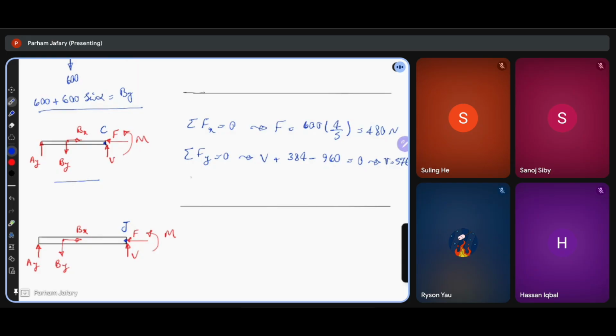And finally, taking the moment around C gives us M minus 0.5 times 384 plus 0.2 times 960 equal to 0. And quite frankly, if you calculate it, M is equal to 0.